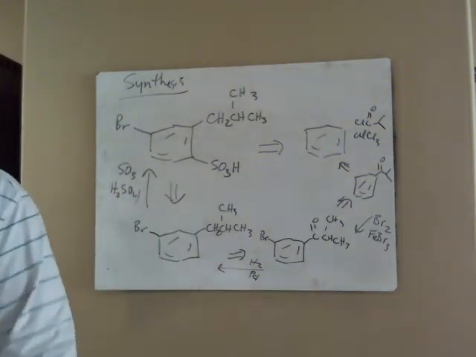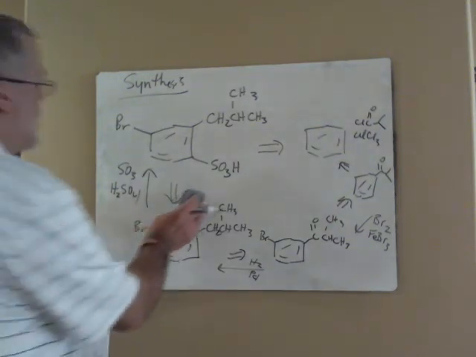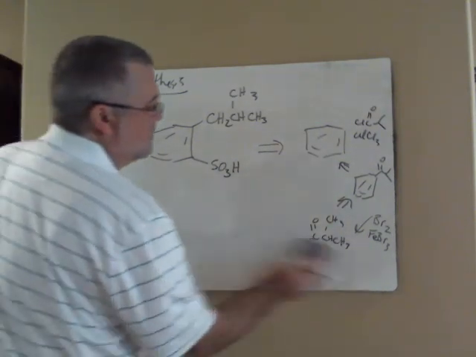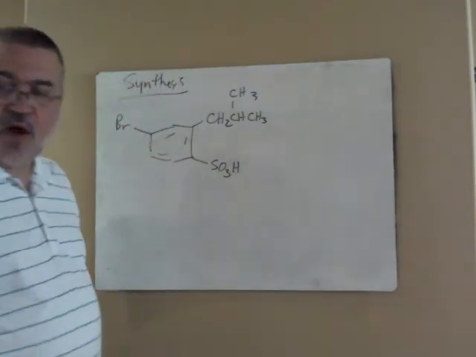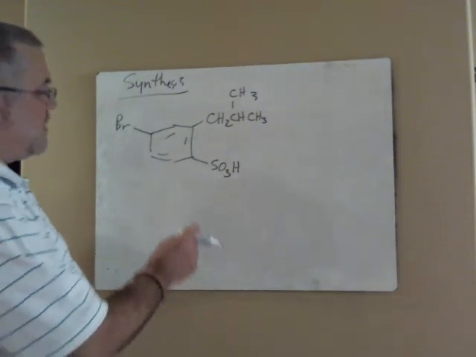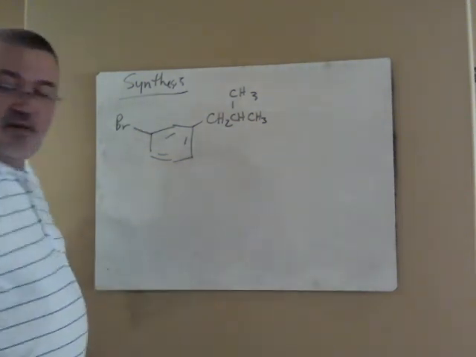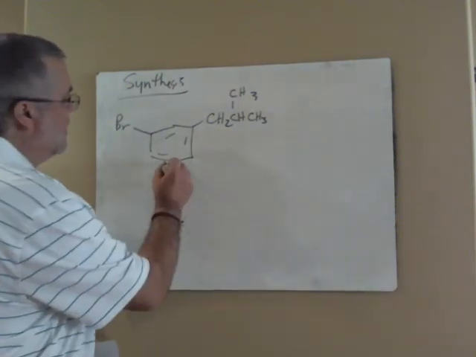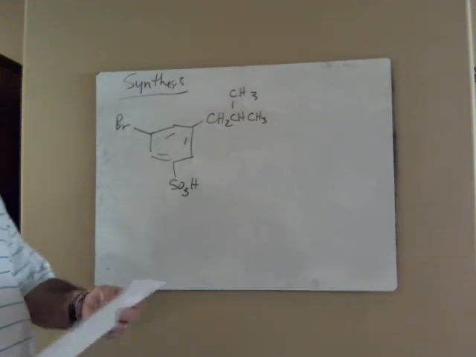Because I can throw you a curveball here. I can erase this. And this is the kind of thing you want to practice in the home game with your friends. Because I can take this same structure and I'm just going to move one of the substituents.